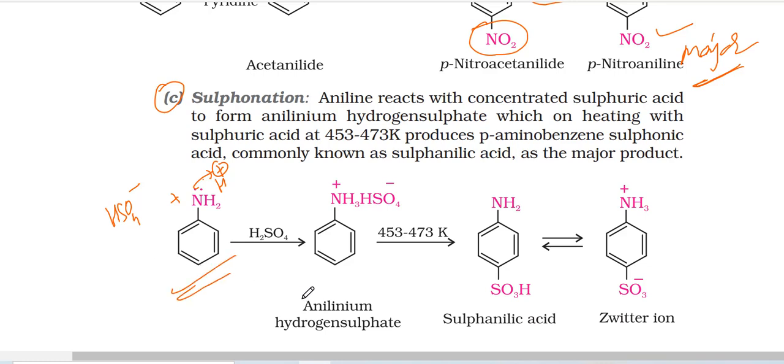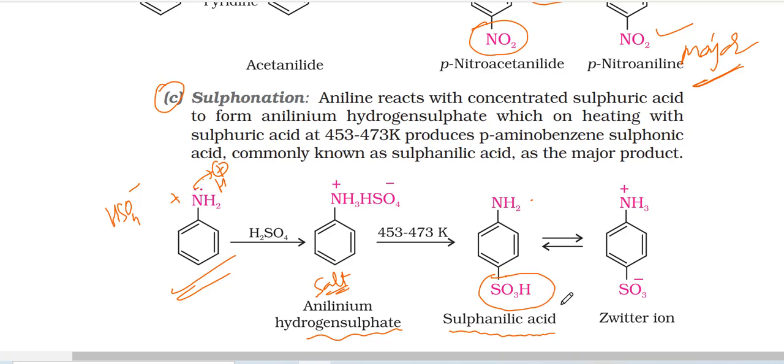It is forming a salt, anilinium hydrogen sulfate. Then at higher temperature a rearrangement takes place, like the Fries rearrangement. This sulfate is attacking at the para position, that is called sulfanilic acid.